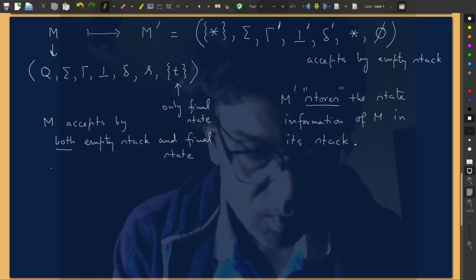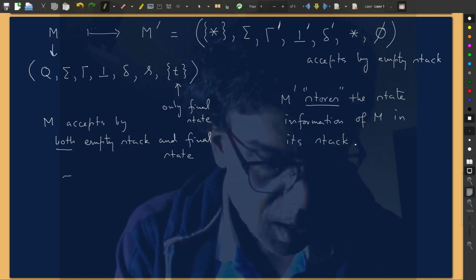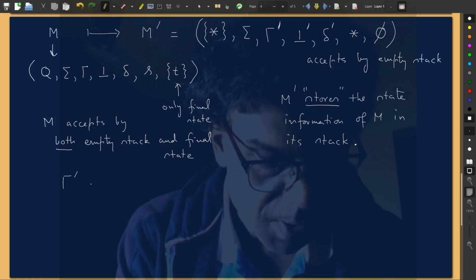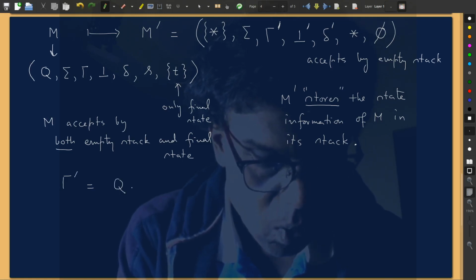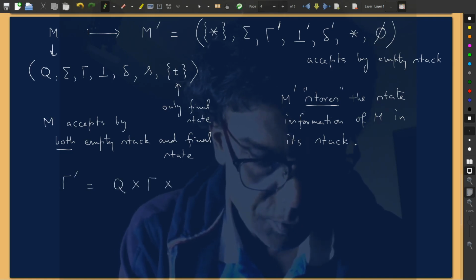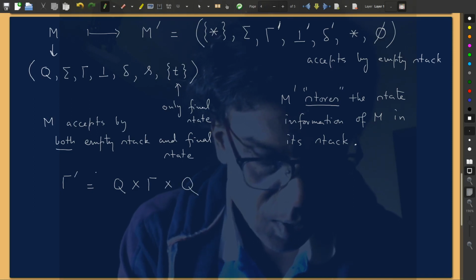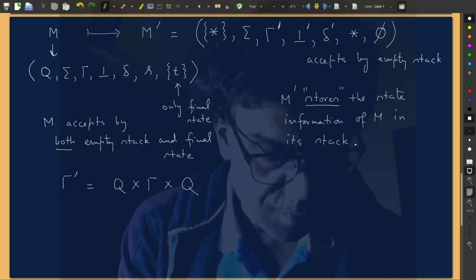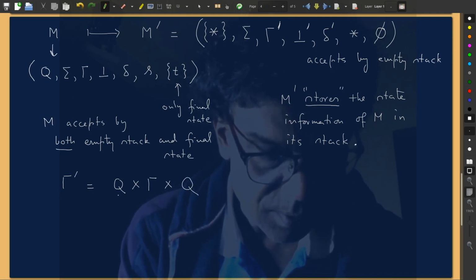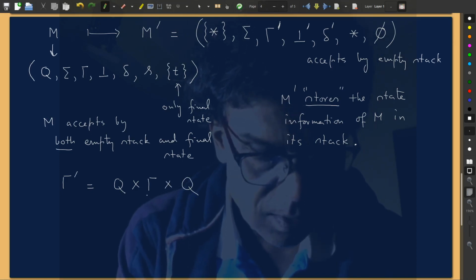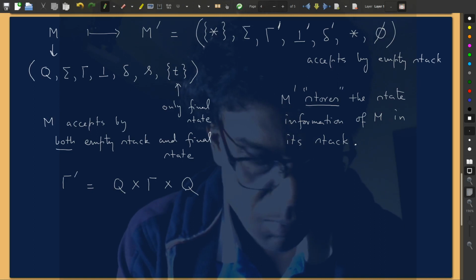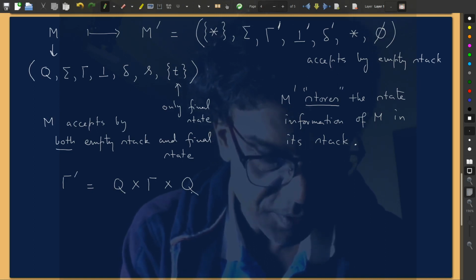So for that matter, I take gamma prime to be Q cross gamma cross Q. So each element of gamma prime is a state followed by an old stack symbol followed by another state.